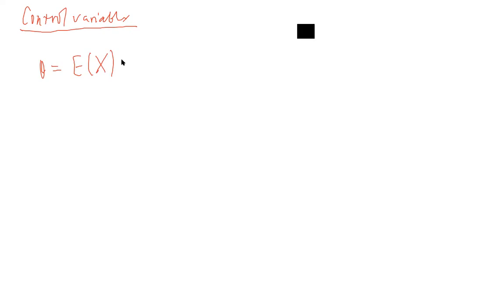Okay, this could be some integral, okay? X g(x) dx, right? Where g(x) is a probability density, right? This is over all values of x in the sample space, okay.